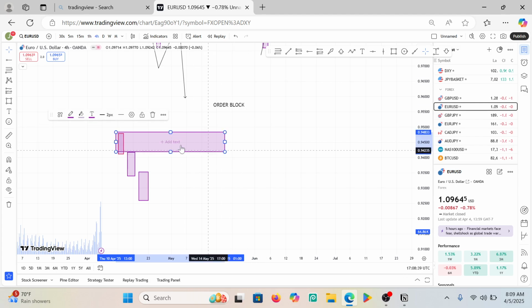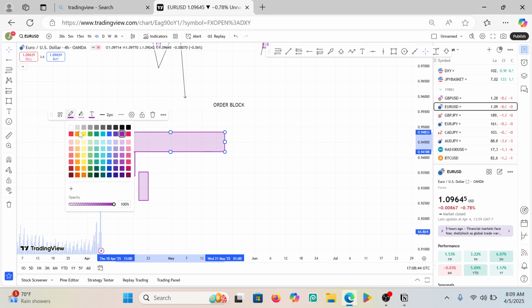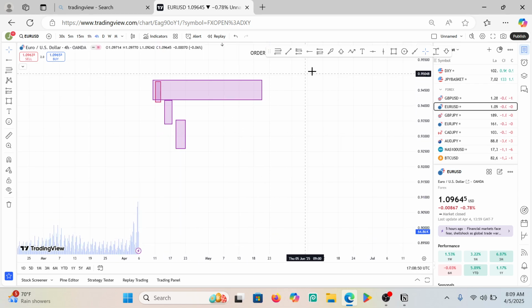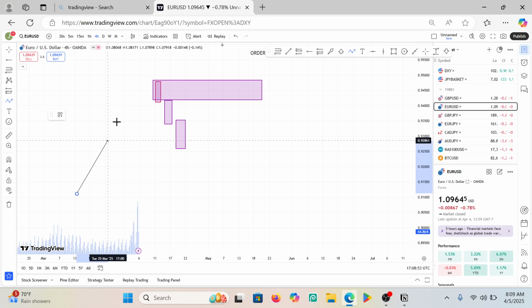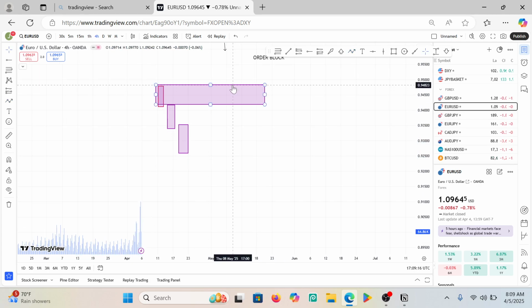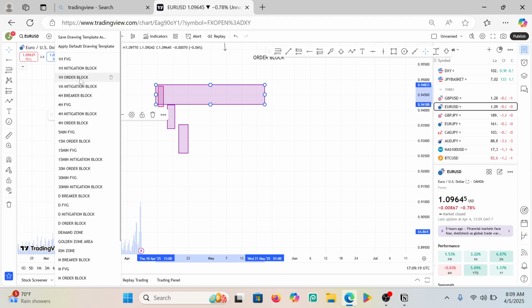Take this as a bearish order block. A bearish order block is the last one. We consider the last buy candle on this uptrend.